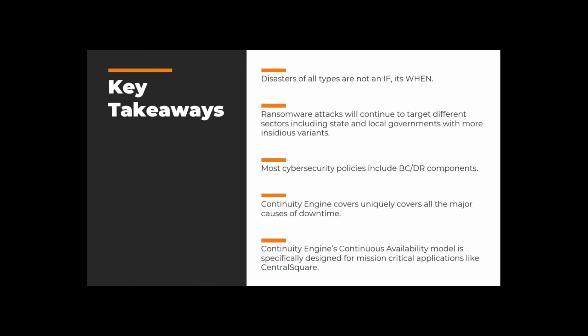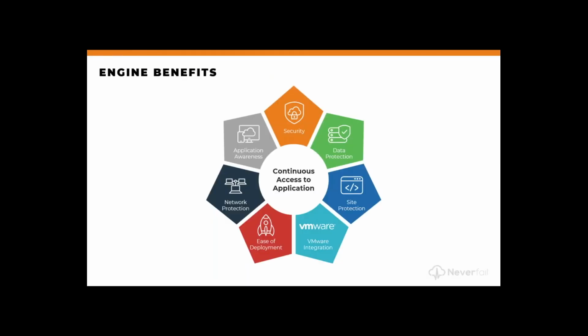And Continuity Engine, as you just saw in this presentation, is really designed uniquely to cover all the major causes of downtime. So we are in a very unique position. That's why we call it continuous availability. And speaking of that, this model is specifically designed for mission critical applications like Central Square, and we've talked about all the other different types of critical applications that are available on the market.